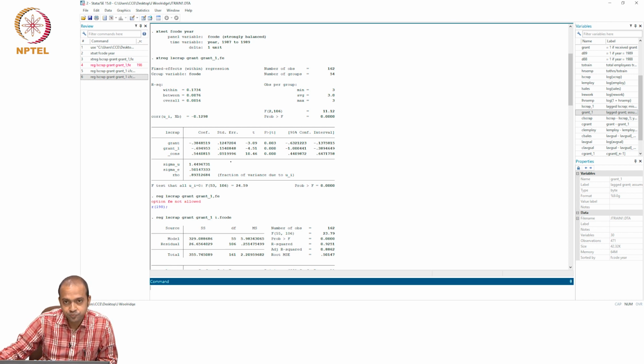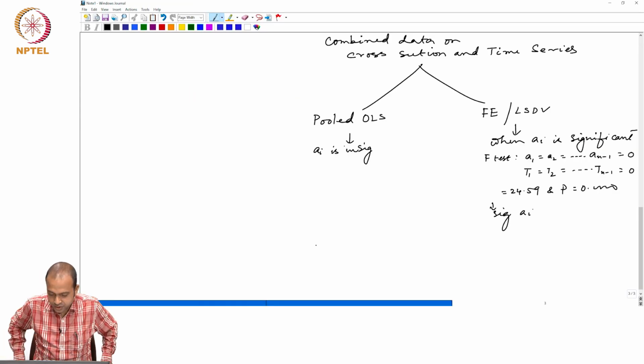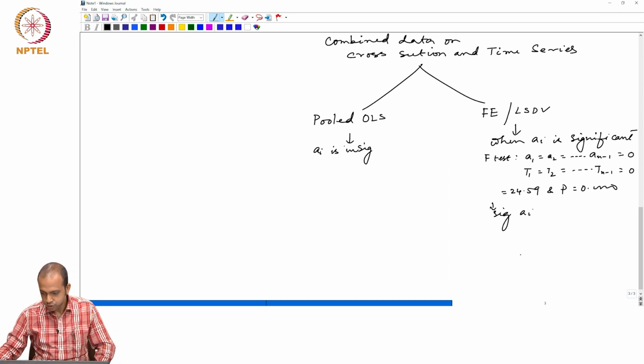Before we wind up, we have now learned two ways to remove AI.